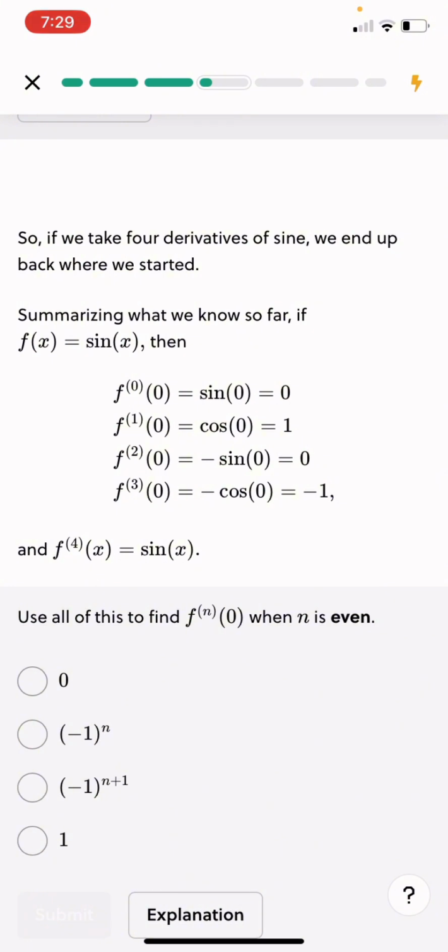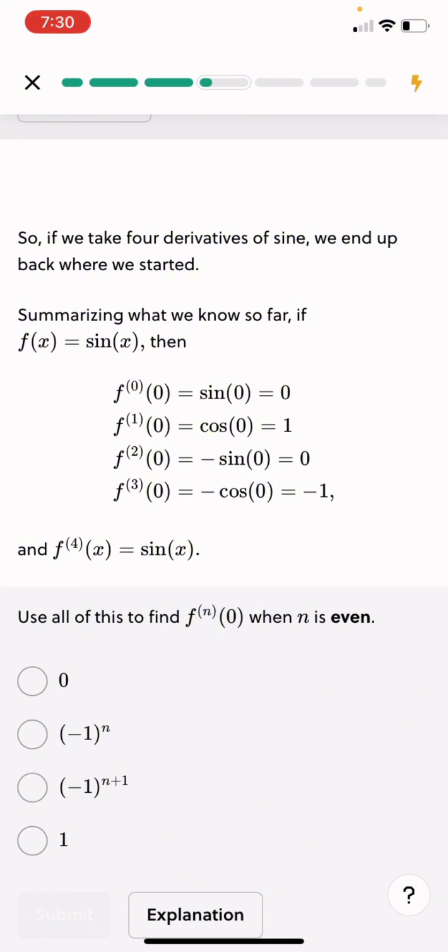So if we take 4 derivatives of sine, we end up back where we started. Summarizing what we know so far, if the function f(x) equals sin x, then f(0) equals sin 0 equals 0. As you can see, as the primes grow, it seems to stay pretty low.